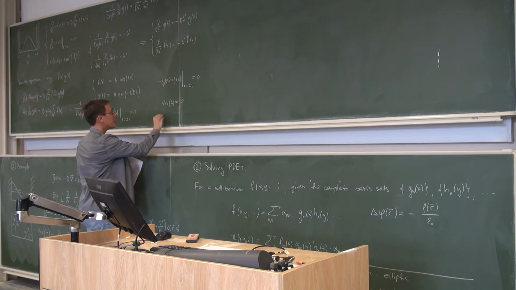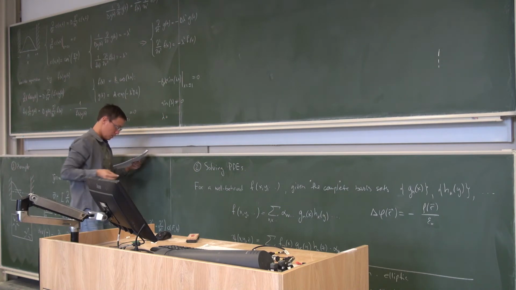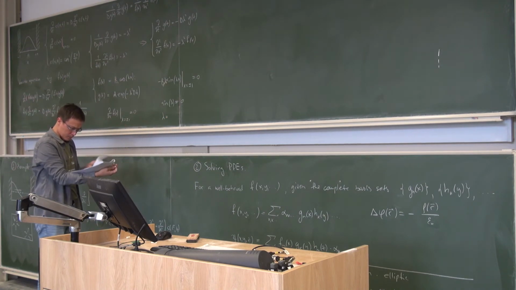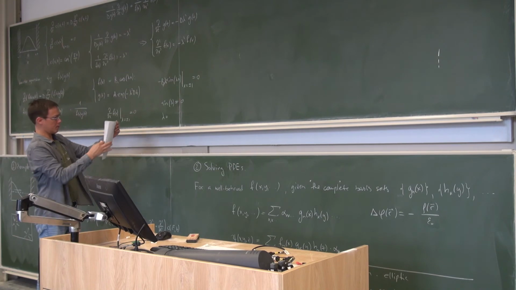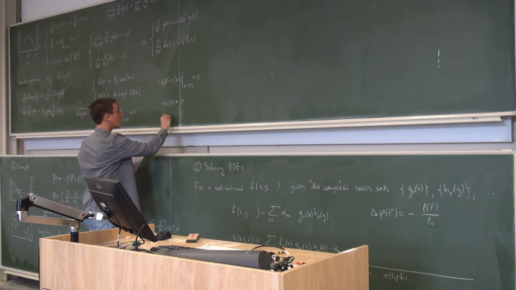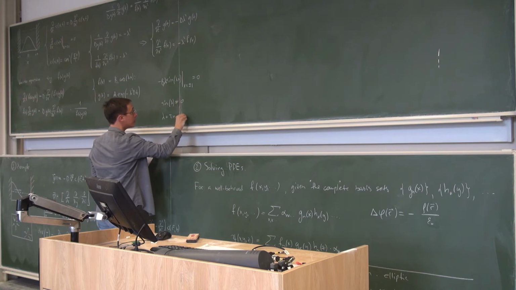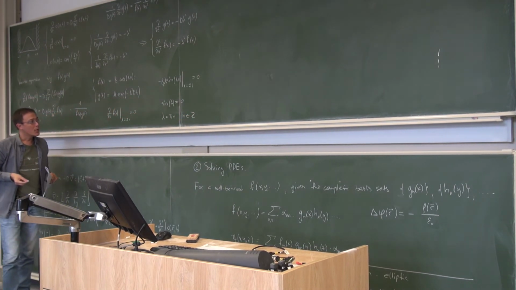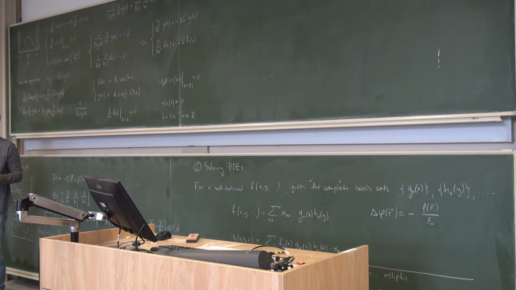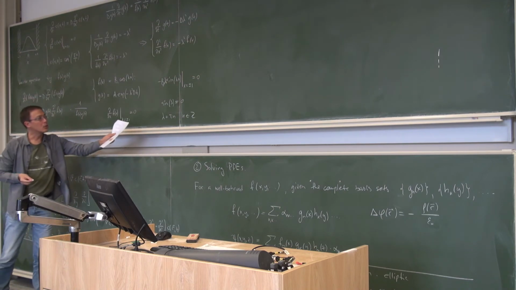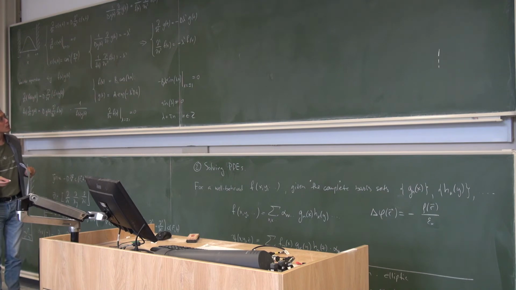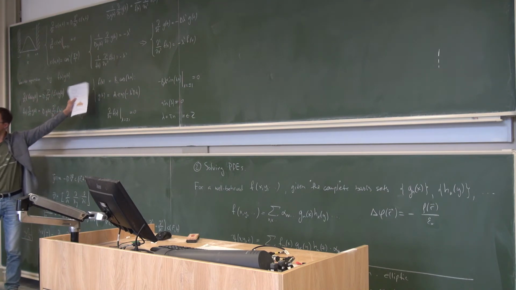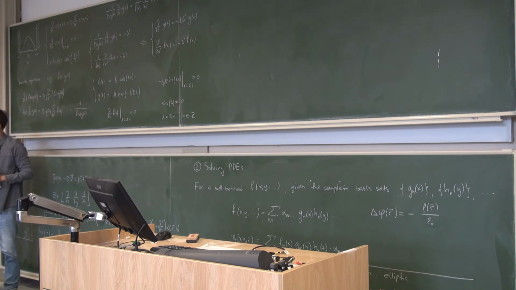Well, that means that lambda is pi n, where n is an integer. For lambda equals 0, lambda equals pi, lambda equals 2 pi, the sine goes to 0. And it turns out, therefore, that we haven't actually found just one function there. We have found the entire basis.